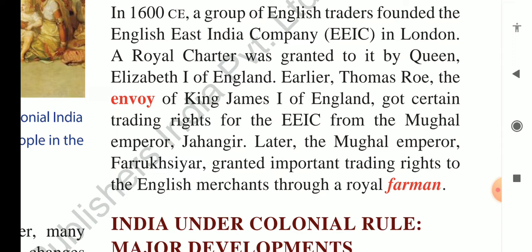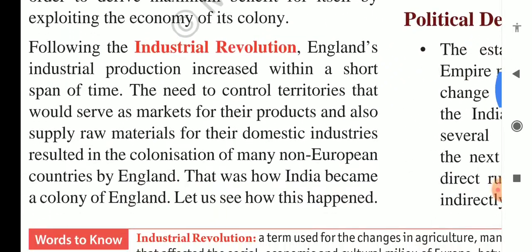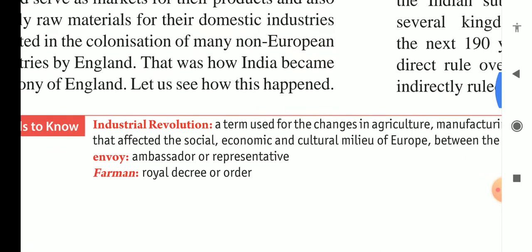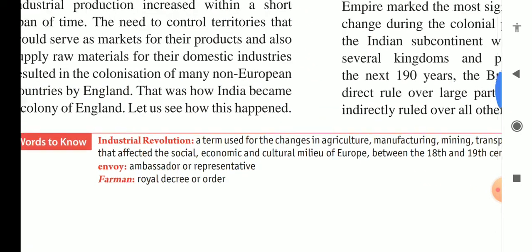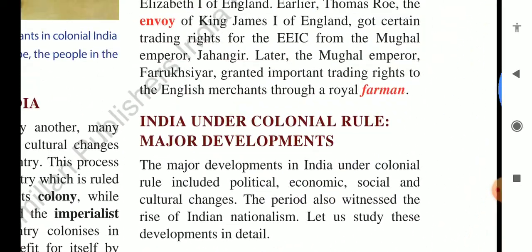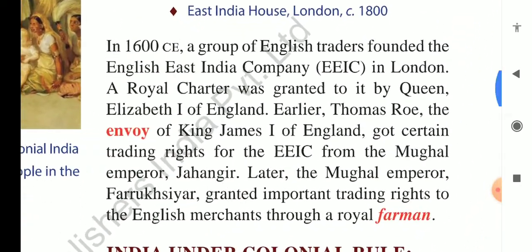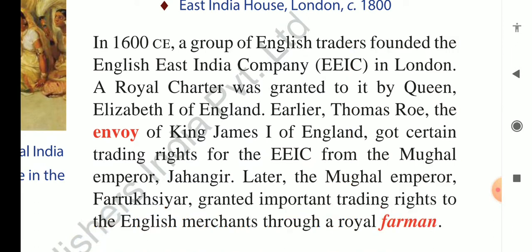So we can say that in 1600 the English East India Company founded itself because before that Thomas Roe, the envoy of King James. Now what is the meaning of envoy? Let us see. You must develop the habit of seeing this special word meaning. Ambassador or representative. It means a person who represents a king, queen or family or country.